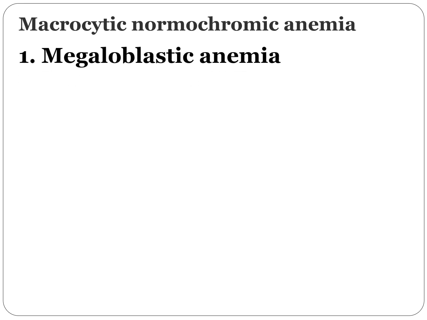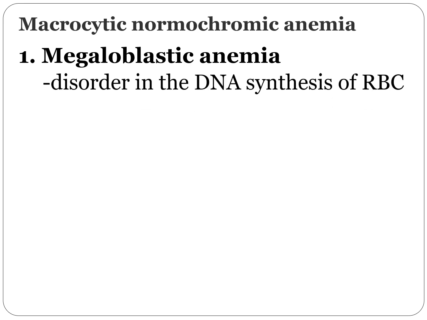Next is the macrocytic normochromic type of anemia. Okay, so this is on chapter 21, if I'm not mistaken. So you just browse the erythrocyte disorders. So we have here the megaloblastic anemia, a disorder in the DNA synthesis of the red blood cells.